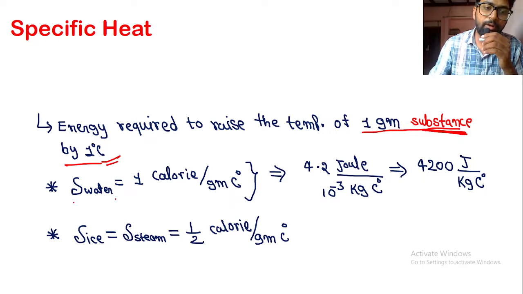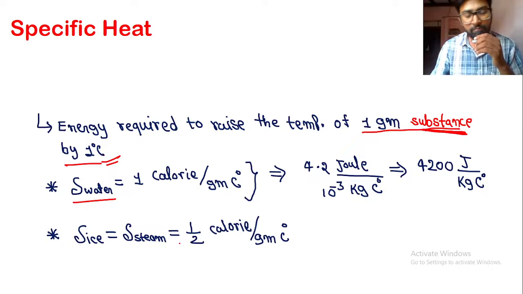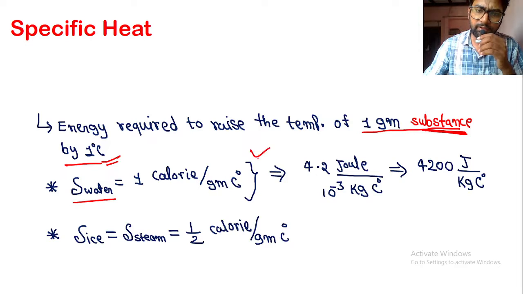The specific heat of water is 1 calorie per gram per degree Celsius, and by the conversion, 4200 joule per kg per degree Celsius. The specific heat of ice and of steam is 1/2 calorie per gram per degree Celsius. So we have to learn the specific heat of water, ice and steam for the numericals.